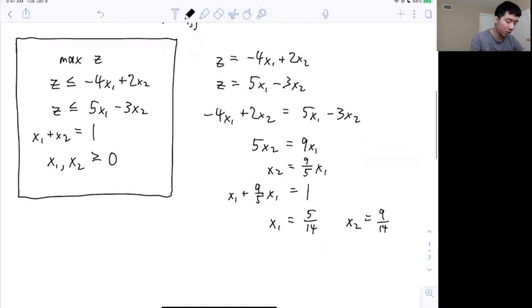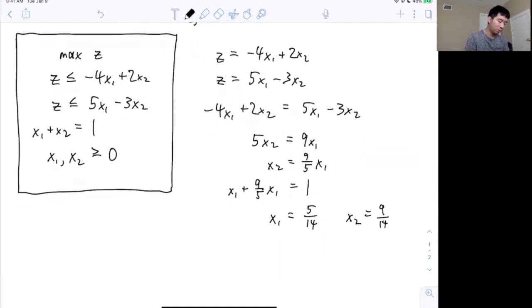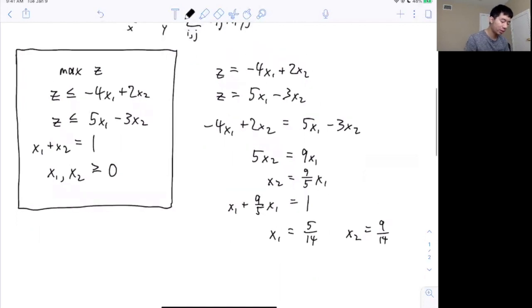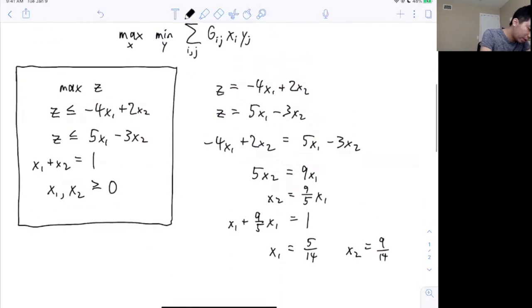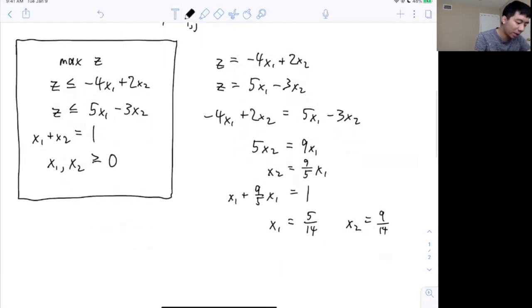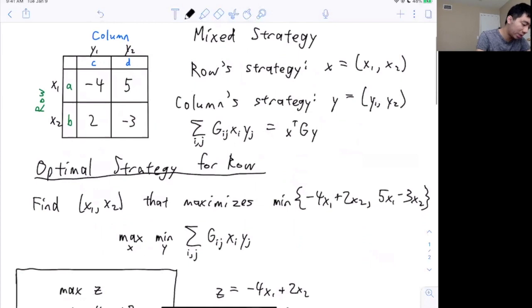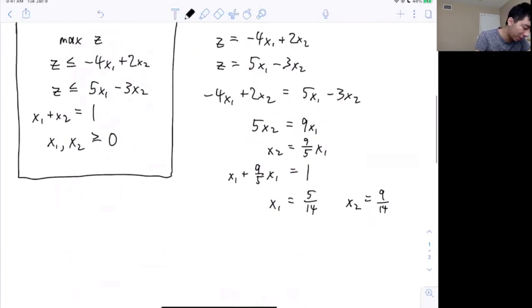So let's calculate what the value of this would be. Again, we're going to plug this into this first expression here. We're going to assume that the column player is always going to choose C, and then we'll see what the expected value is.